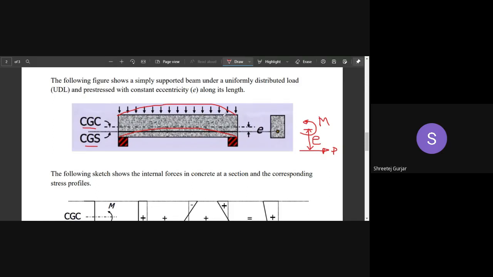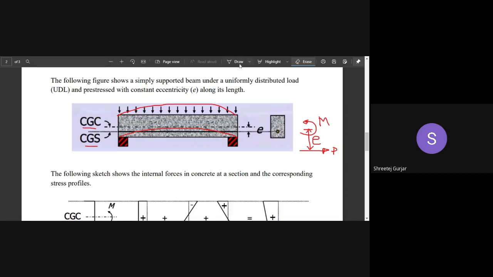And if the tendon was located at this level, above your neutral axis, imagine if you put a compressive force over here, what will happen? It will cause your beam to sag, but that is not the case. Usually in pre-stressing, your tendon is located below your neutral axis, in the majority of cases.